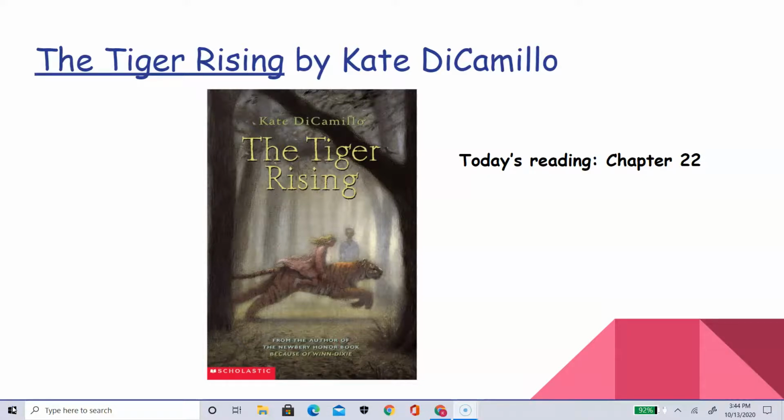Chapter 22. "You out in the woods with that girl again?" His father asked as soon as Rob stepped into the room. "Yes, sir," said Rob. "Look over here, son." His father was standing by Rob's bed. "Sir?" said Rob. His heart sank. He knew what his father had found. The meat. He had hidden it under his bed until it was time to go and feed the tiger again. "Where'd this meat come from?"